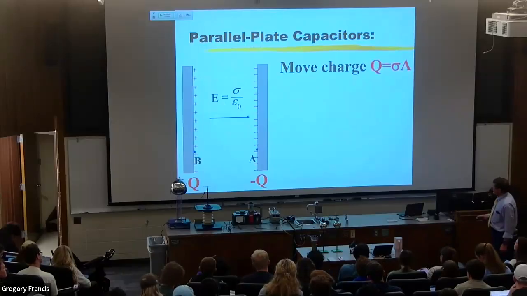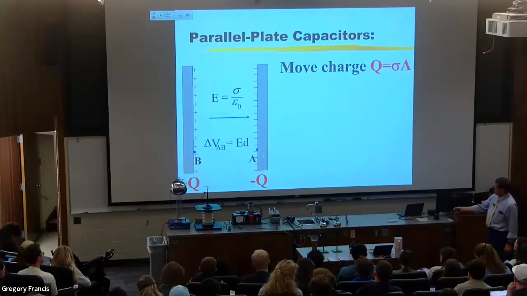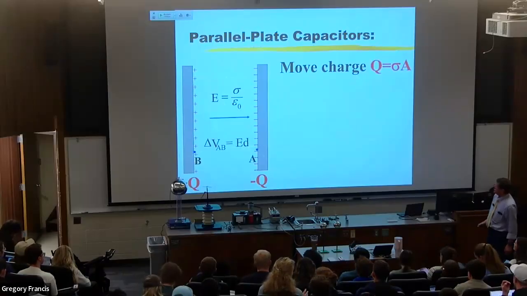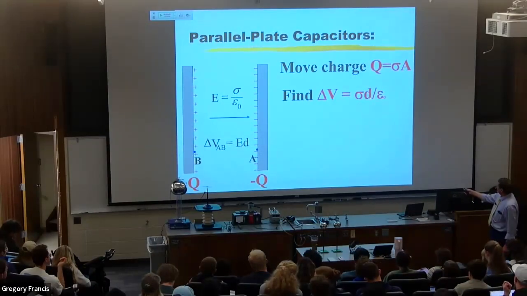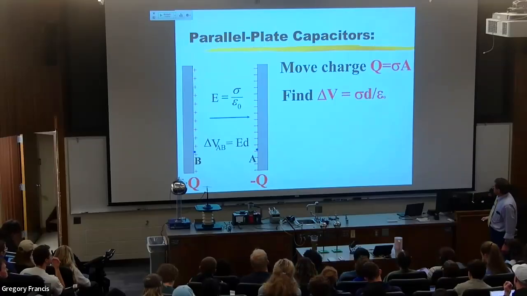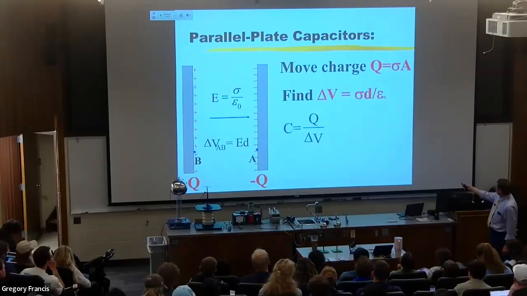Now, if I talk about the voltage between A and B from the negative plate to the positive plate, that's going to be the electric field times the distance between the plates. So I get this formula here. That's the electric field. That's the distance. Now the capacitance is this charge divided by this voltage.